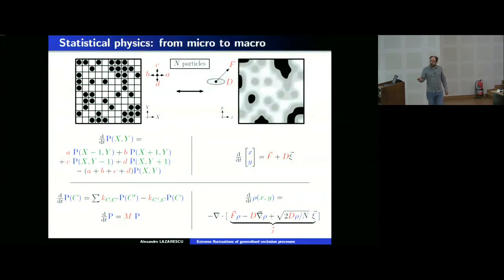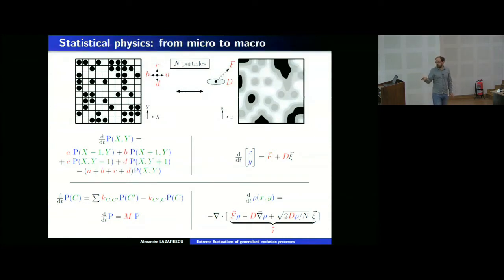And at the macroscopic scale, the density evolves according to a continuity equation with a current here, which contains three terms. There's a constant drift part, which comes from the force applied to every particle. There's a self-diffusion term with a diffusion matrix D, which comes from the diffusion of every particle.